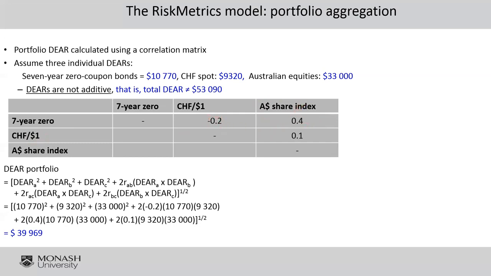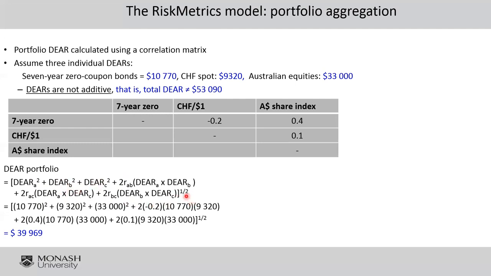I take all of those and put them in the formula, and the formula will be given to you. So we will bring DIR A, DIR B, DIR C: the fixed income, the foreign exchange, and the equities, and then the correlation between the first and the second, the first and the third, and the second and the third.